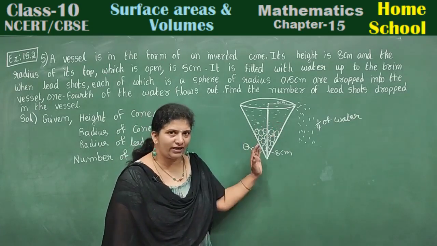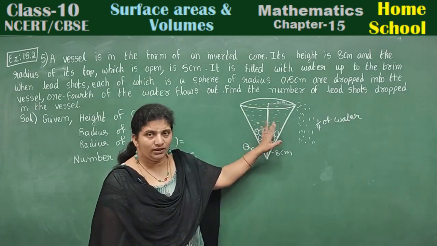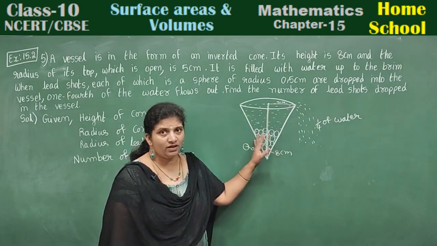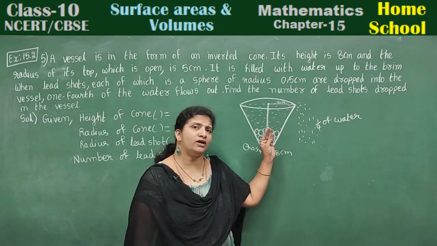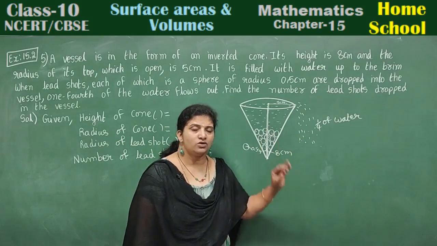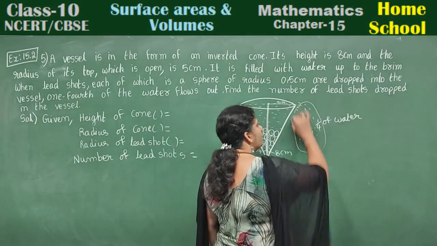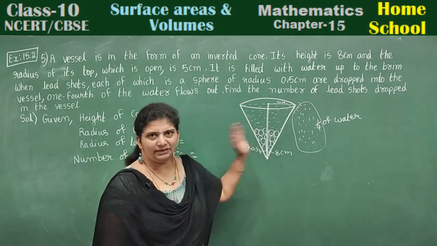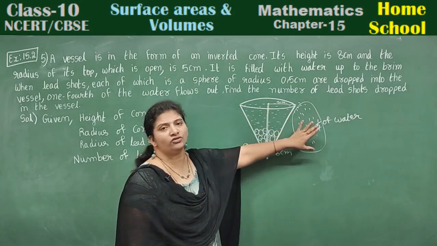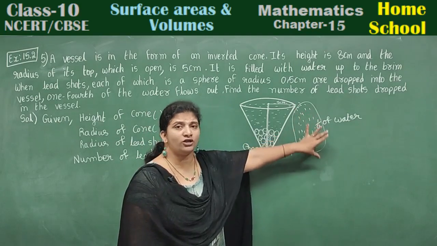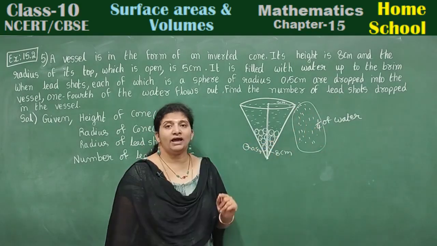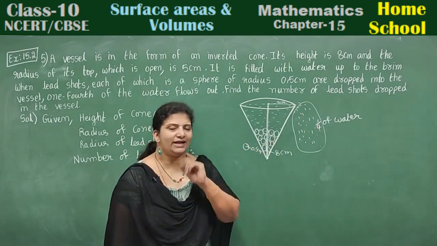Okay, first, how much water is there? If we try to find the volume of a cone, that is the volume of water. 1/4 of the water came out. So, we are going to talk only about the water which came outside. 1/4 of the water. How much volume of water came out? By the volume of one lead shot.